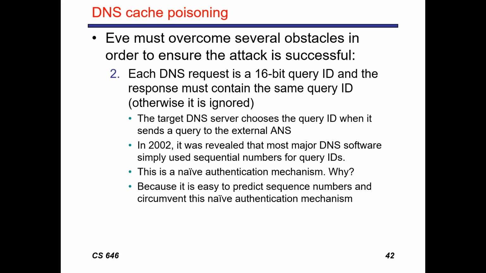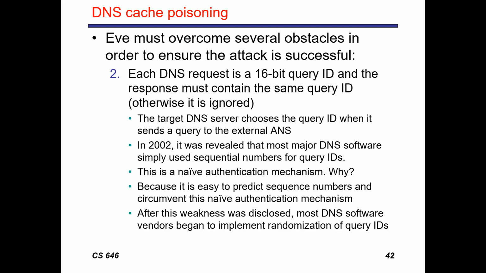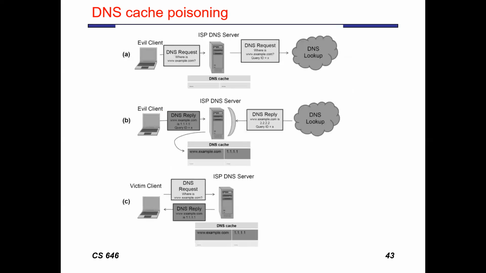Of course, it is naive because it becomes predictable, and you can easily circumvent this kind of authentication based on the query ID. However, after this was disclosed, most of the DNS software vendors started implementing randomization of the query IDs. Which means that rather than sequential IDs, the DNS servers started using randomized query IDs.